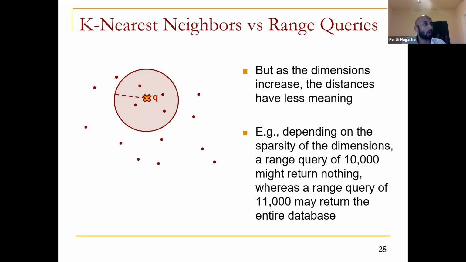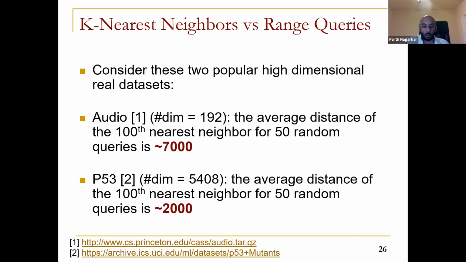We have two popular real world data sets. One is the famous audio data set, where for each audio file, an audio feature extraction algorithm represents the file as a 192 feature vector.